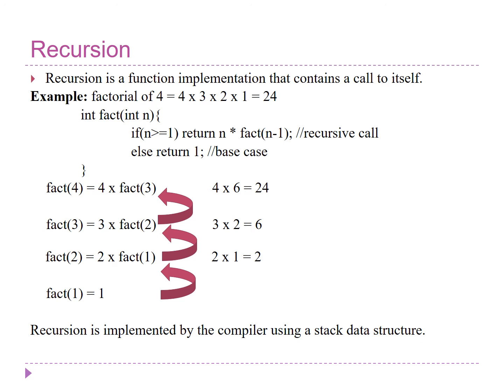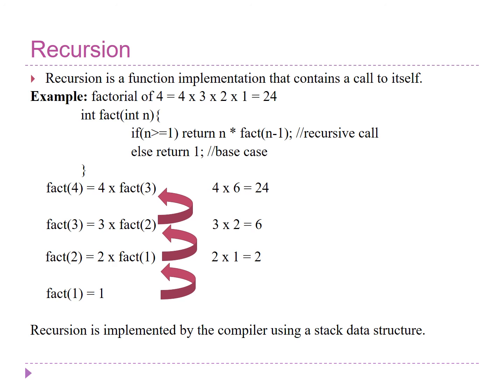Again, in the recursive call fact of 3, it is 3 multiplied by fact of 2 because 3 is greater than 1. For the recursive call fact of 2, it is 2 multiplied by fact of 1 because 2 is greater than 1. For the recursive call fact of 1, the function returns the value of 1.